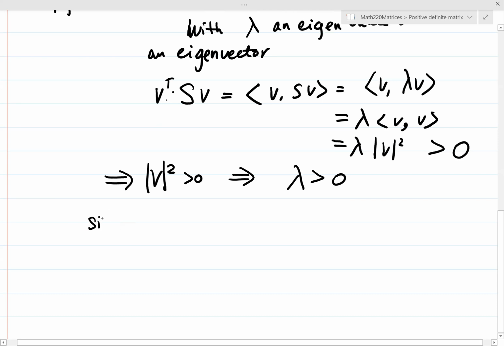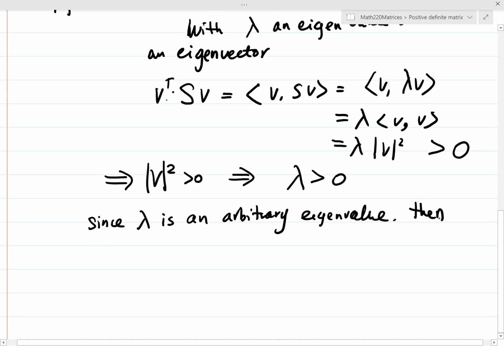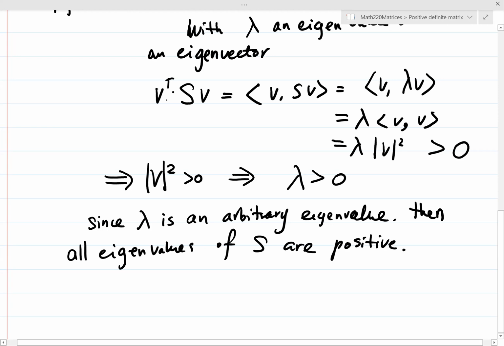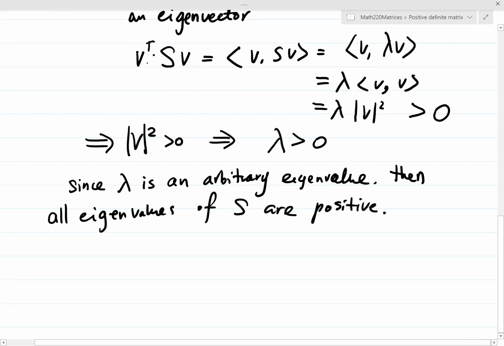Since lambda is an arbitrary eigenvalue, then we know all eigenvalues should be positive. Then all eigenvalues of S are positive. Okay, conversely, this direction.